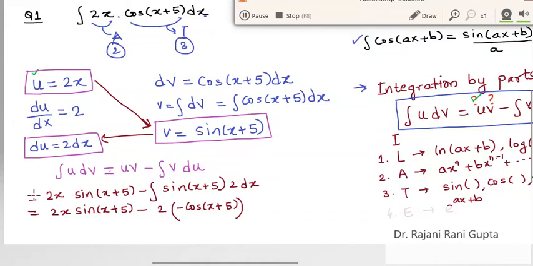Now since all the integration is finished, we'll write the constant of integration c. Now let's simplify it further, it gives you 2x sine(x plus 5), and this minus minus becomes plus 2 cosine(x plus 5) plus c. So this completes our solution.